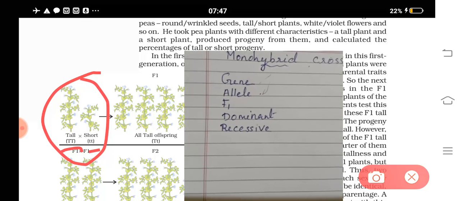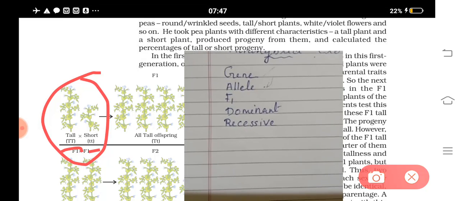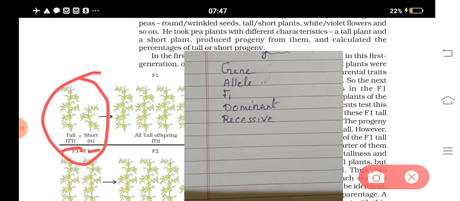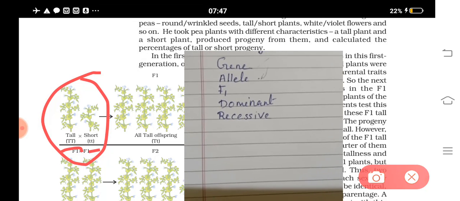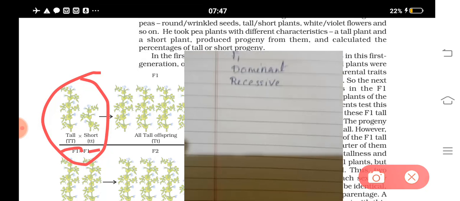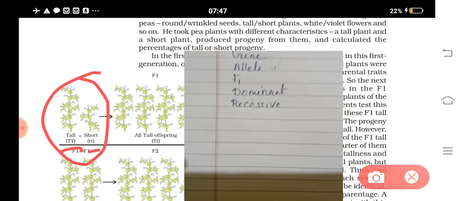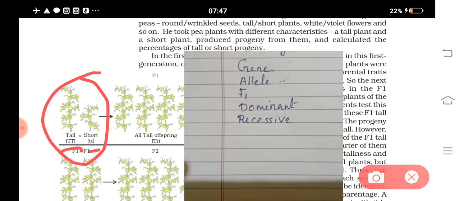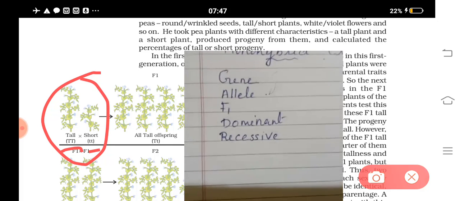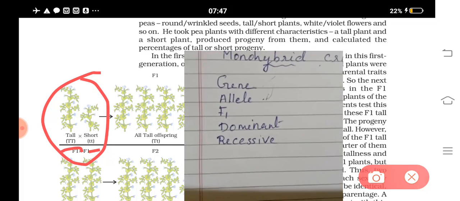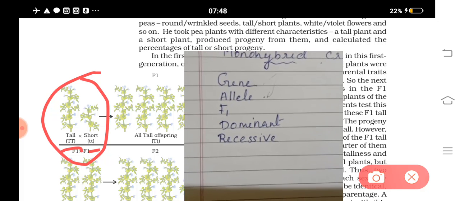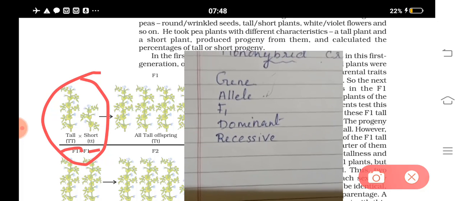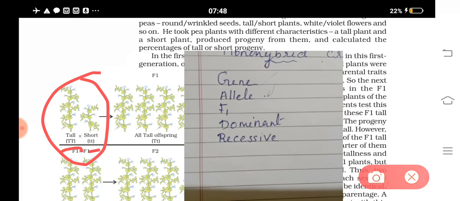For example, the color of the flower can be controlled by a gene, but the color can be of different types, white and violet. So this white and violet is there due to the presence of the gene in different forms. So the different forms of the same gene are called alleles.